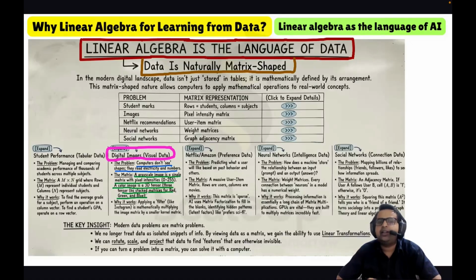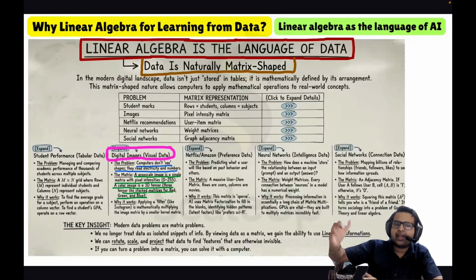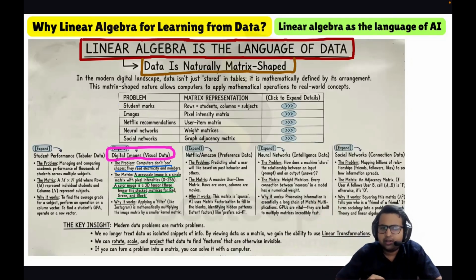So now it's very clear that we can represent an image in the form of a matrix. If it is a grayscale image, one matrix is enough. And if it is a color image, we have to use a 3D tensor, with three matrices stacked on top of each other, a matrix for the red, for the green, and for the blue. And why does it work?